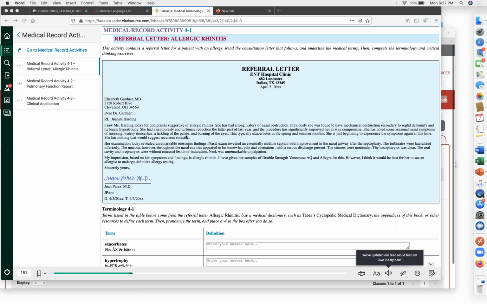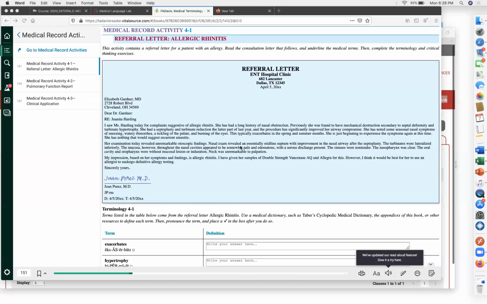She had itching of her palate, and the palate is the hard top part of your mouth, and she has burning of the eyes. And when does it exacerbate? Was it the winter, spring? It was spring and summer months. So you could see here, anywhere that there's a medical term, I could easily ask you about it.